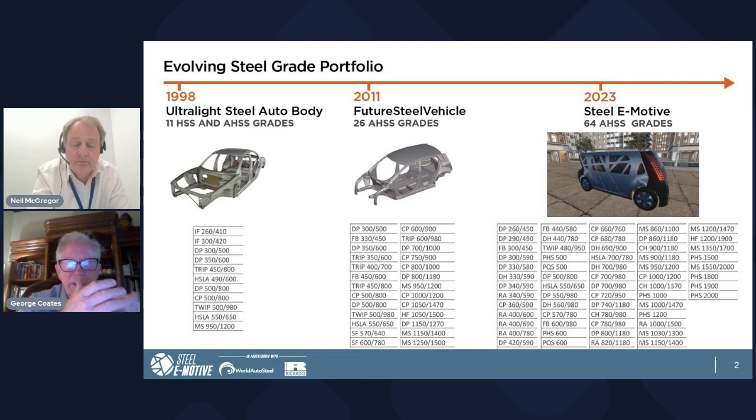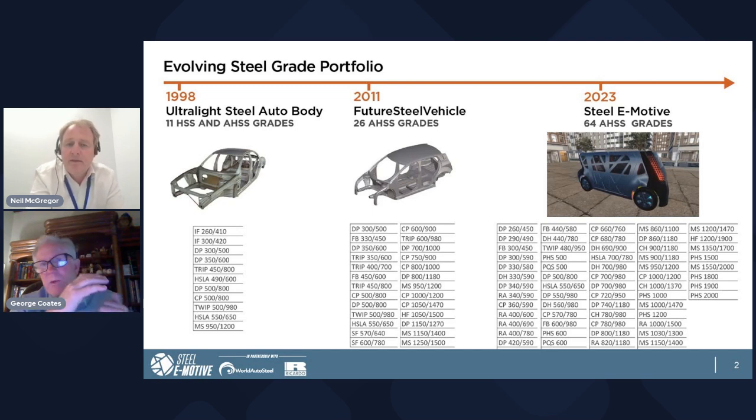In fact, the first dual-phase steels were being introduced to the industry, and that's 25 years ago. Our most recent program before Steel E-Motive was termed Future Steel Vehicle. It was a purpose-built battery electric vehicle, and we had 26 advanced high-strength steel grades available to us in that portfolio.